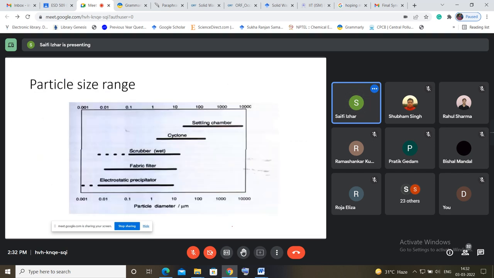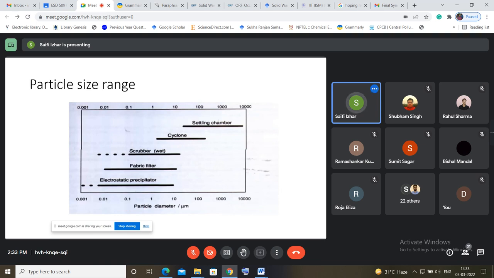So based on this, we have talked about multiple options. If you can see, this is the efficiency of different control options for particulates, and the size range is mentioned in the x-axis.